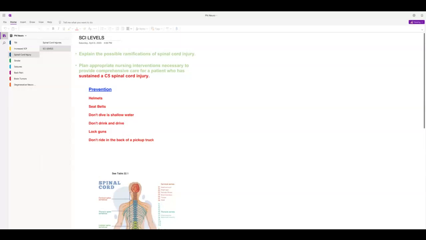So if somebody has an injury in that area, they usually die on impact. If they have injuries at C4, they might be okay, but they're going to need some kind of assistance with respirations. And then, of course, anything below that, like C5, C6, they might have a trach with ventilation for the rest of their lives.